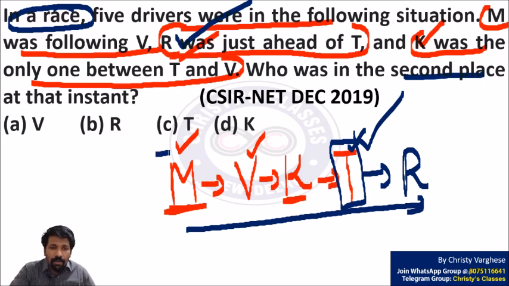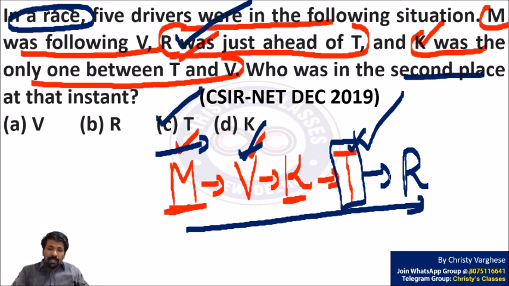You should not be confused whether it is V or T. V will not be the answer because it is a race. In a race, the person who is on the front position is the person who is in first place. And T will be the second place according to the position they are in. That is why T is the answer.